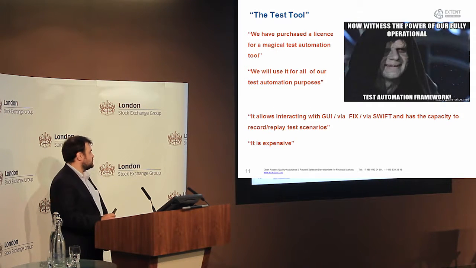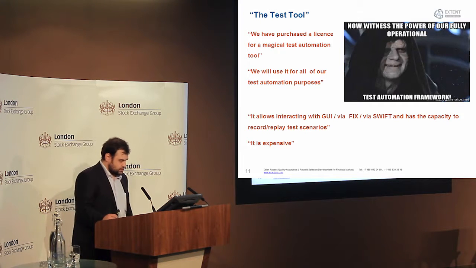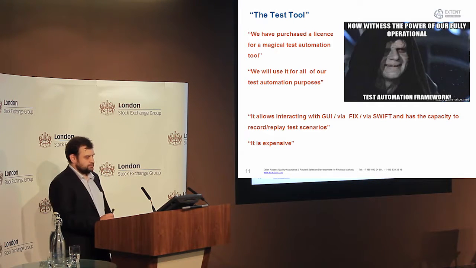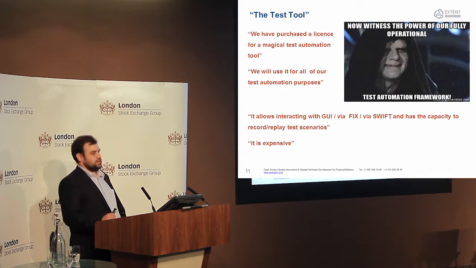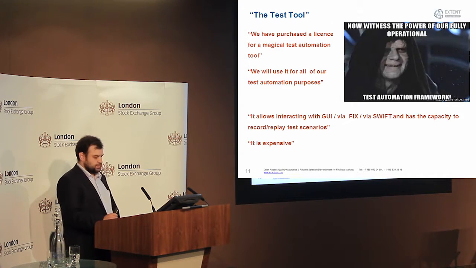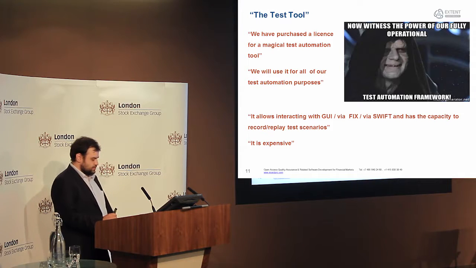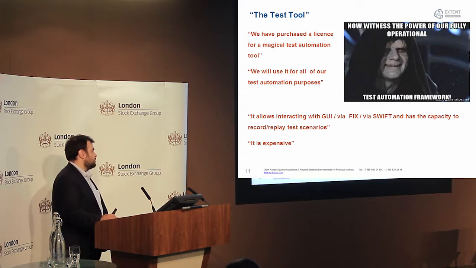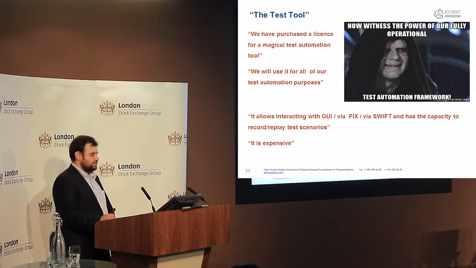The next anti-pattern is the test tool. This is an attempt of using the commercially advertised test tools. There is nothing wrong with these test tools, and they add a lot of value in many of QA teams, but in our world of trading and clearing and settlement systems, those tools do not add a lot of value because they are mostly targeted on UI, and UI is only a very tiny piece of our universe.